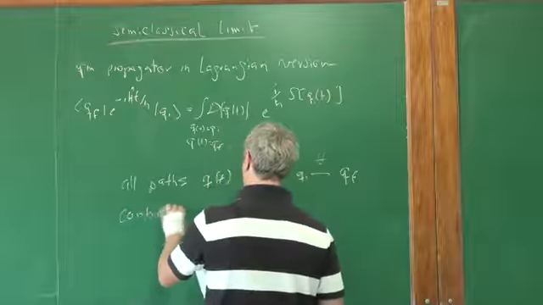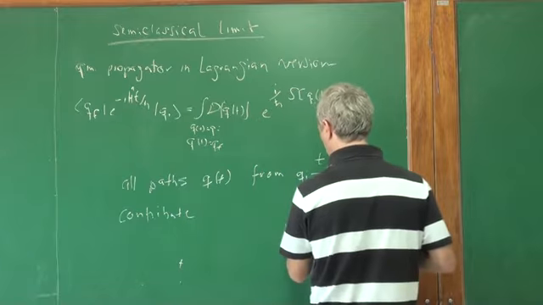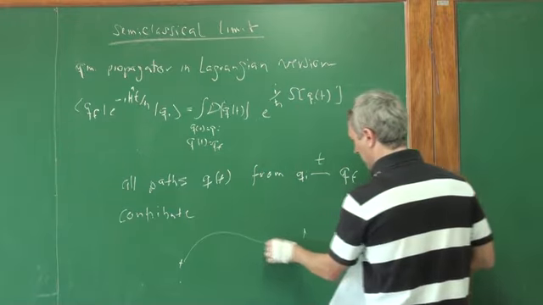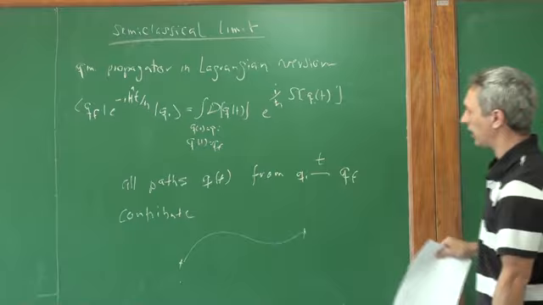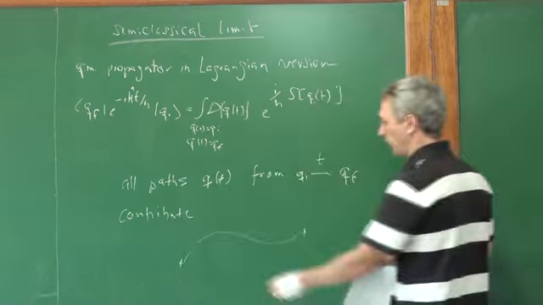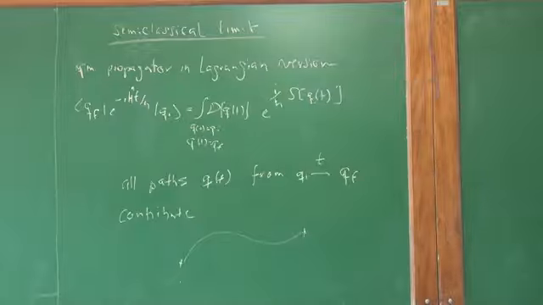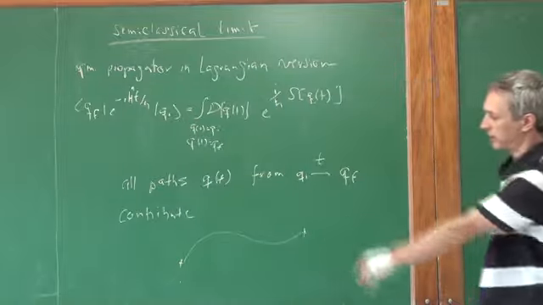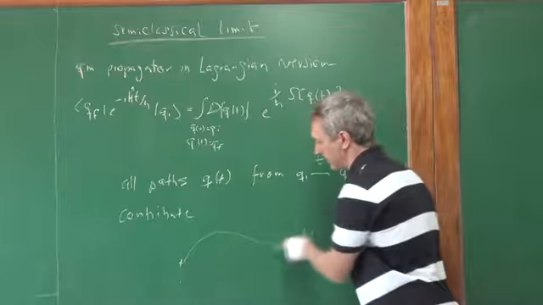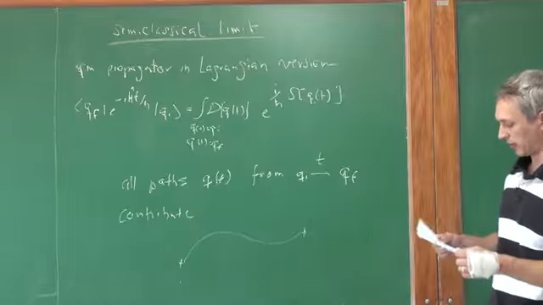If we take two points, a given path will contribute to the sum. It might be a path that comes close to a classical path, if there's some potential, and this path somehow takes an optimized version.